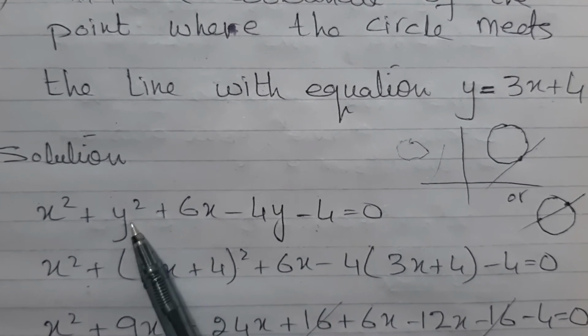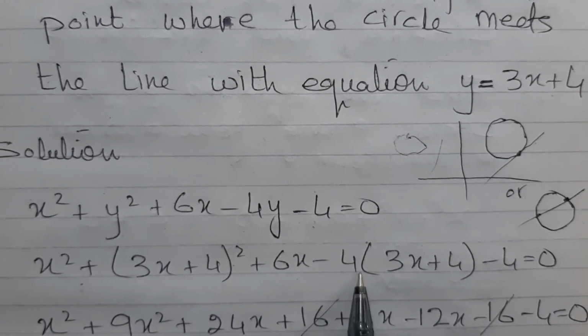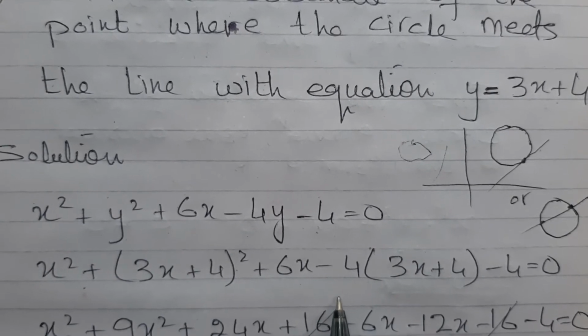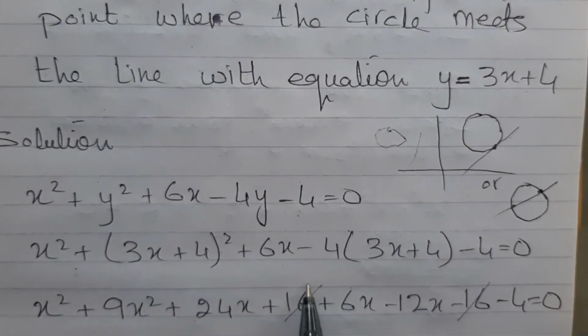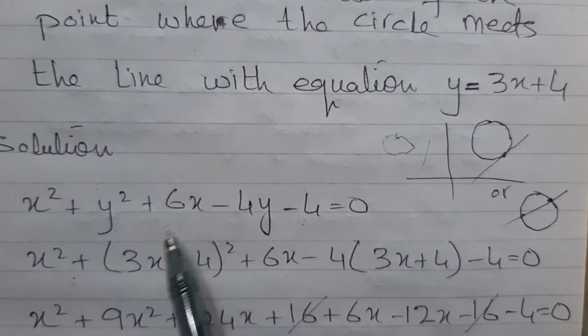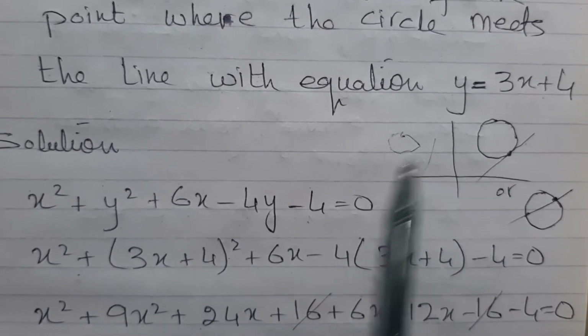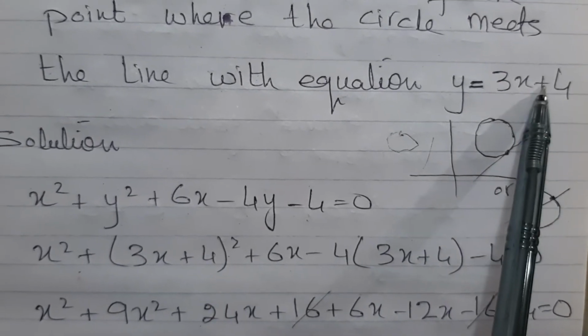You can see I have substituted the value here, right? And after that I will simply solve it and get the values of x. If I get two values or one value, depending, I will plug it back here or here, wherever you want, because they are meeting, so you can substitute it anywhere and get the value of y.